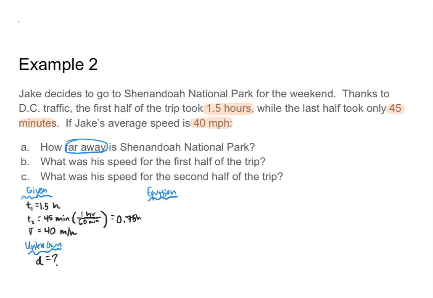I know that velocity, or in this case, speed, my average speed is equal to my total distance over my total time, which of course is going to be T1 plus T2. So speed is distance over total time. That means my distance is going to equal my speed times my total time, T1 plus T2. I can do that by just multiplying both sides of my equation by T1 plus T2.